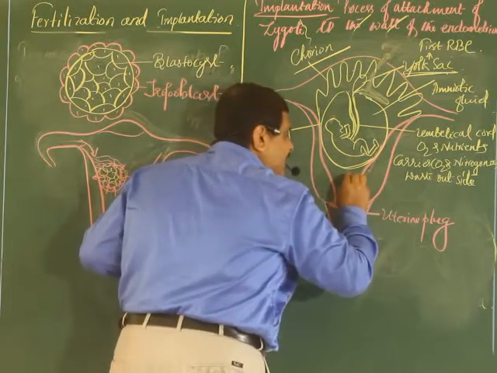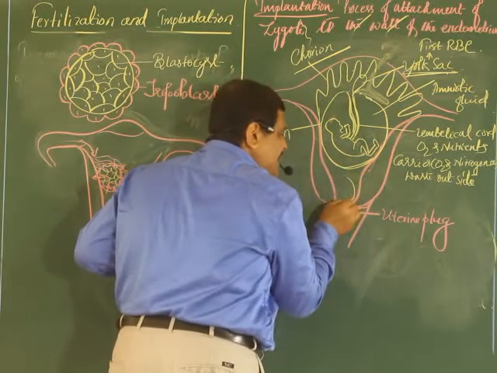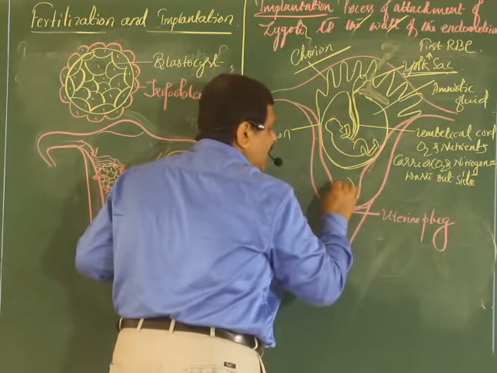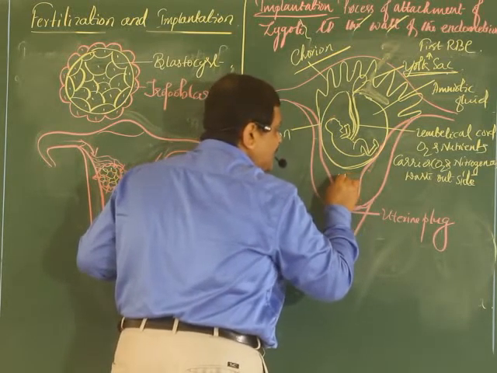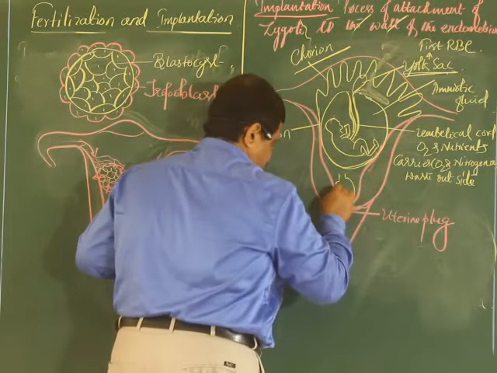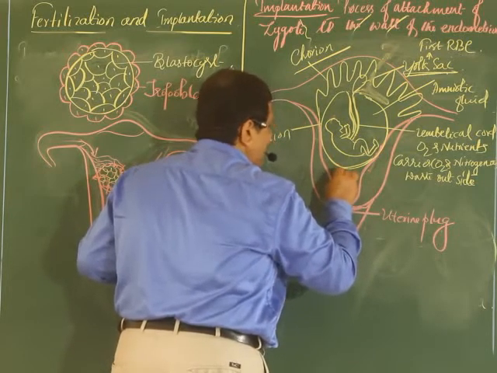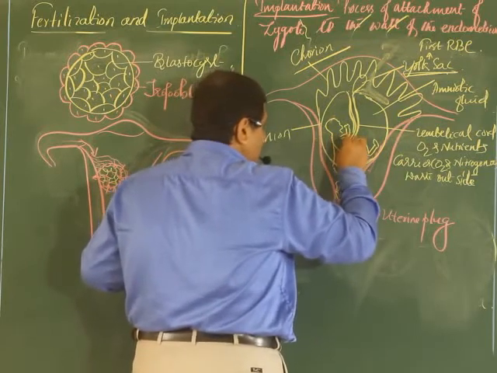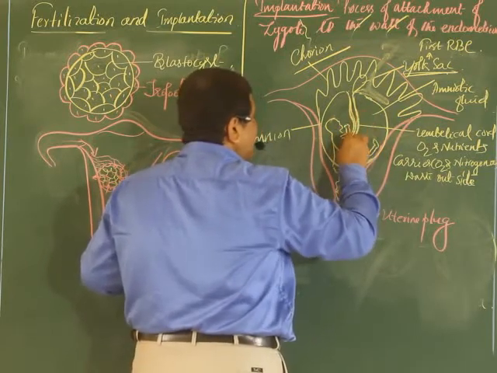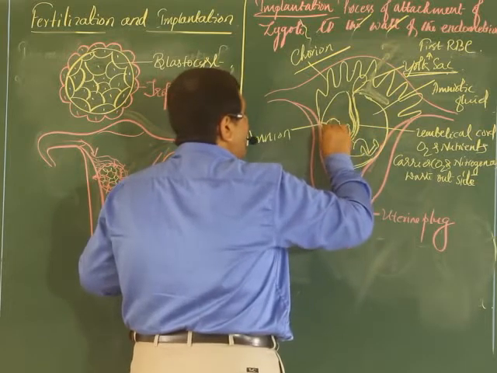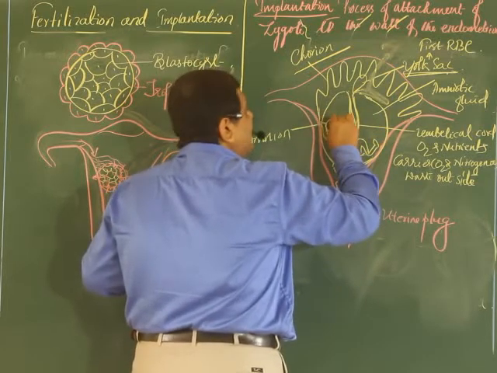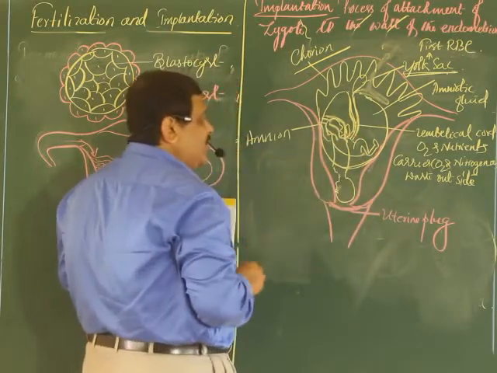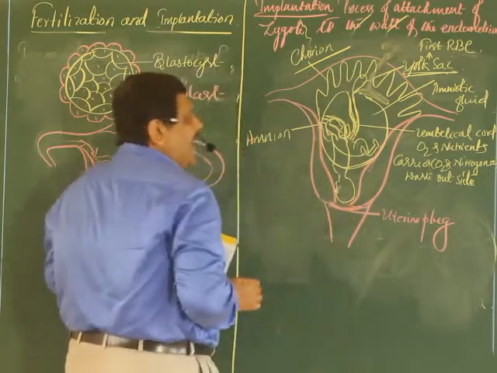Then its head positioning occurs. The head of the child will come like this, and then what happens? The child starts showing its irritation by pushing its legs towards the wall, and it shows that the space is not enough for me. I am irritated. So this positioning is called head position.